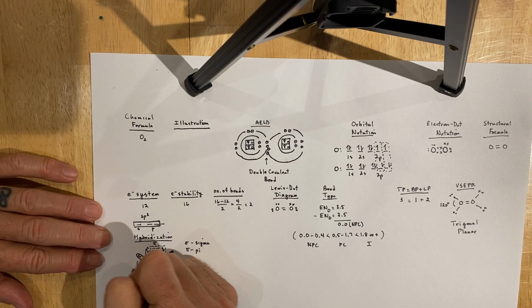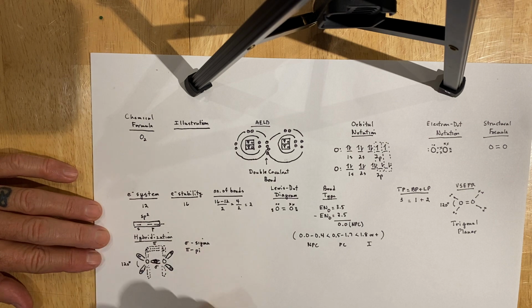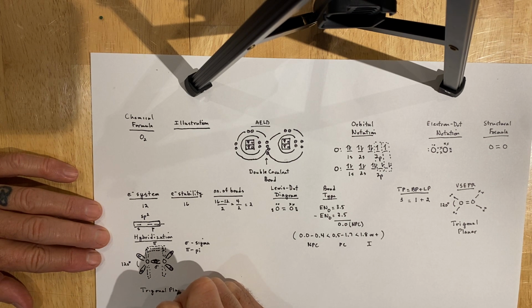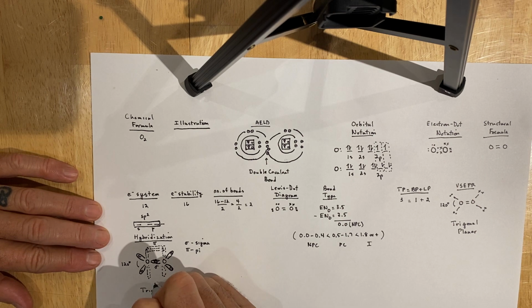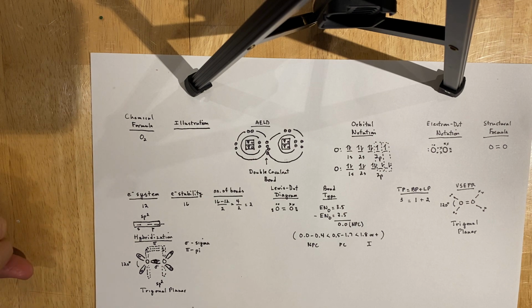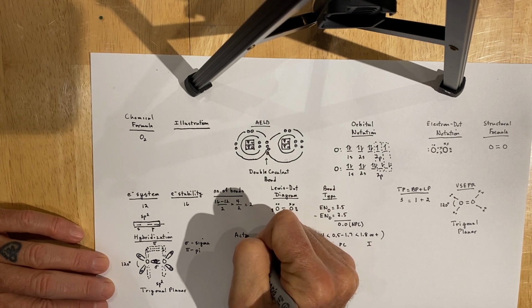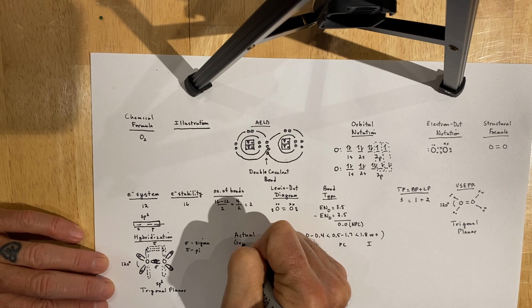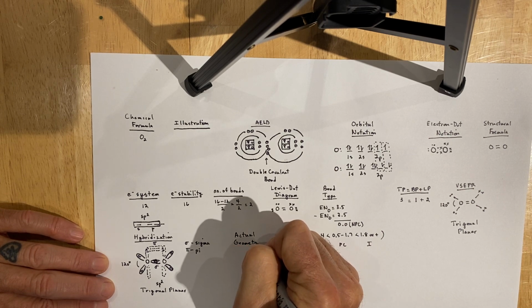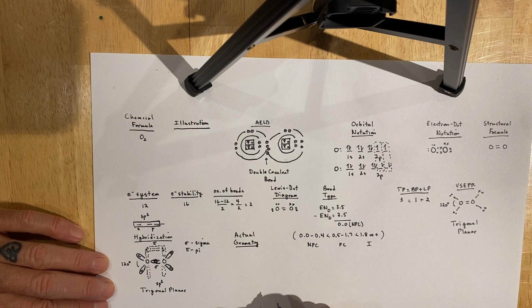Again, you see that the 120-degree bond angle is evidenced. We say that the geometry is trigonal planar, and that the hybridization scheme is sp2, not sp squared, but sp2. But in the end, what we're interested in is the actual geometry, not just the predicted geometry.